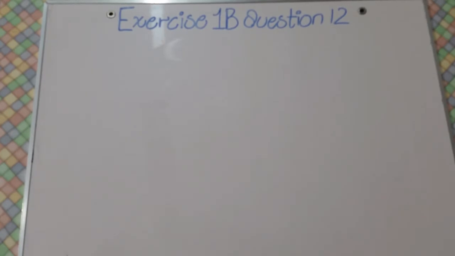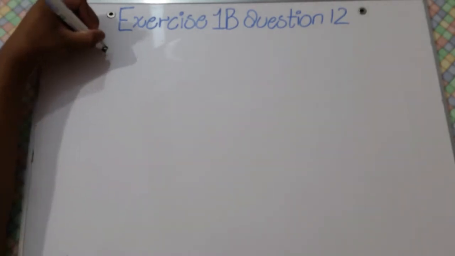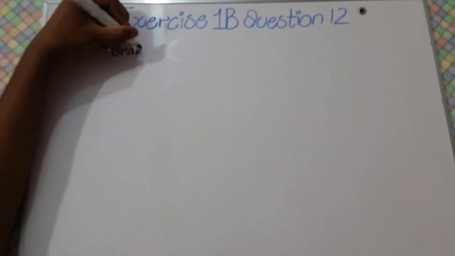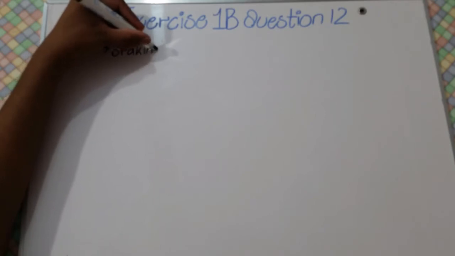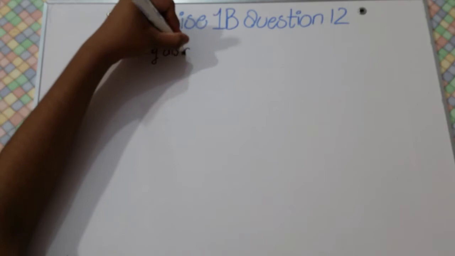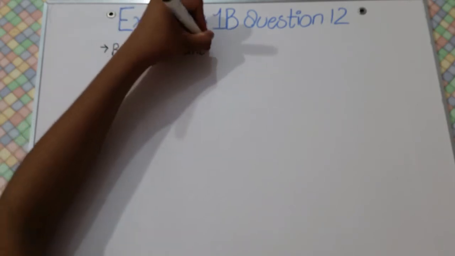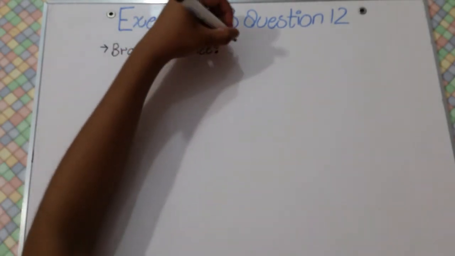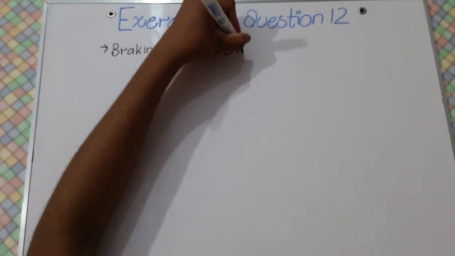First of all, we need some values. For braking distance, I'm going to take the letter D meters.